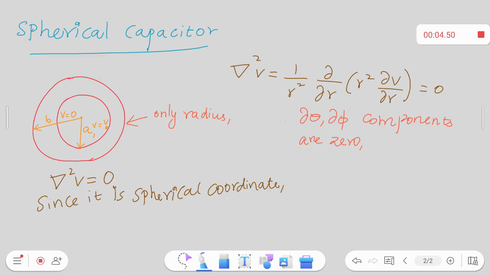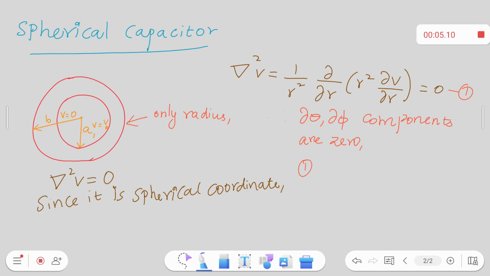So there is no function of theta and phi component, hence d theta and d phi components are 0. Hence we have written del square V equal to 1 by r square dou by dou r of r square dou v by dou r equal to 0. Now let us take this as equation 1.